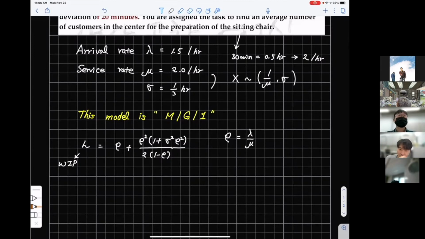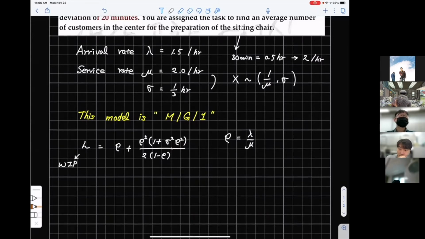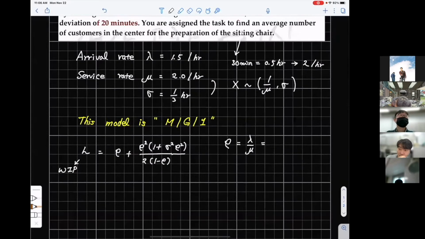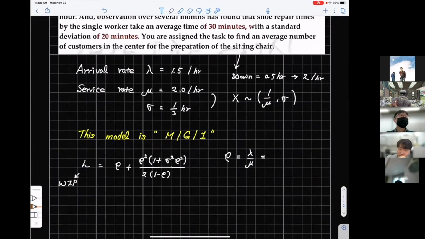And also, we have to insert the standard deviation sigma. So utilization is calculated with lambda 1.5 and the service rate mu 2.0.